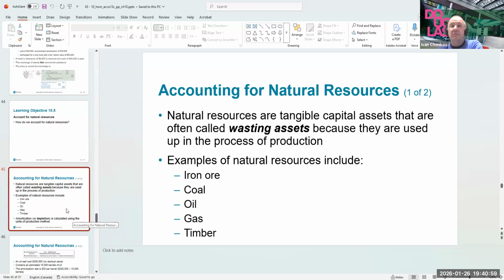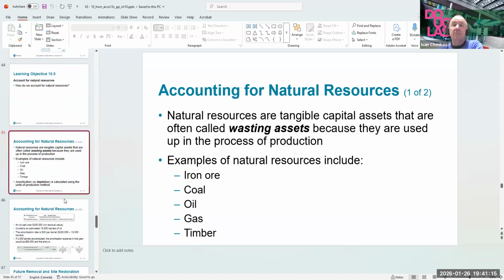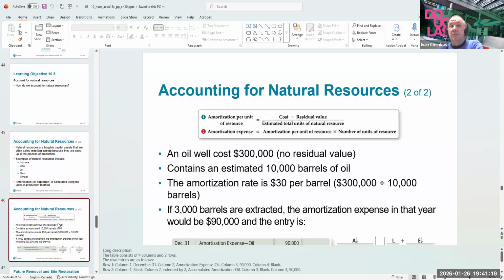Once it's gone, it's gone. Oil, for example, once we extract it from the ground, there's no new oil that's going to come. After maybe 250 million years, we might find new oil, but not in the short term.